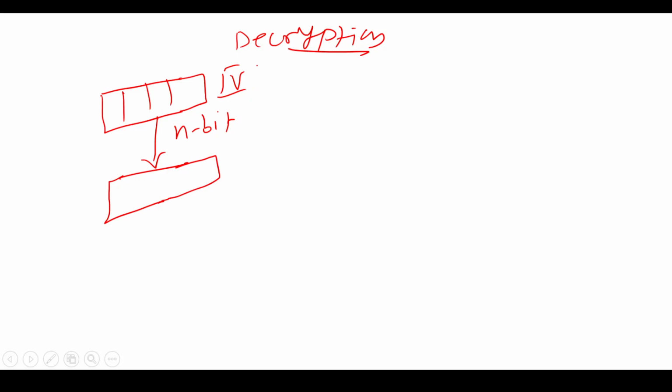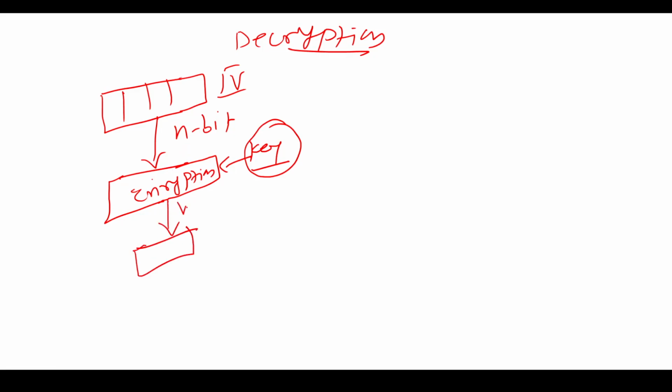The process is decryption, but remember that while decrypting also, we are applying the encryption algorithm. This is the beauty, or you can say the dissimilarity, of this algorithm. Don't apply the decryption algorithm in the decryption process, but apply the encryption process, and we will get the n-bit encrypted value, right?